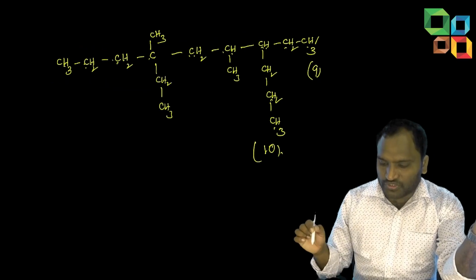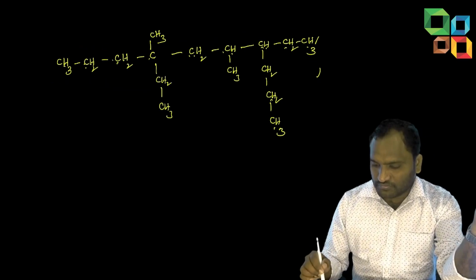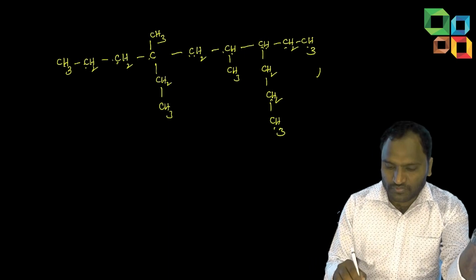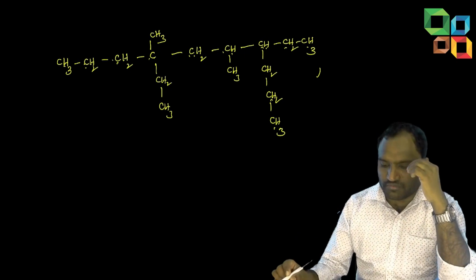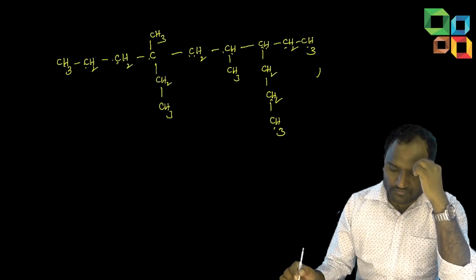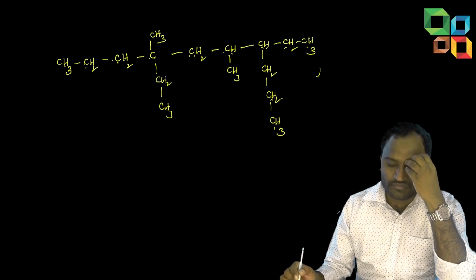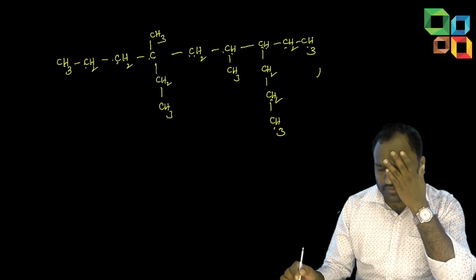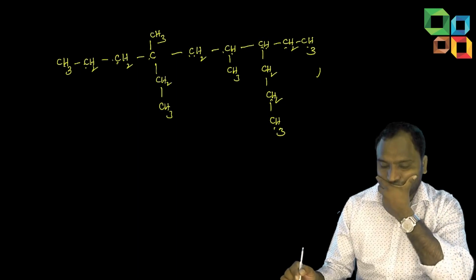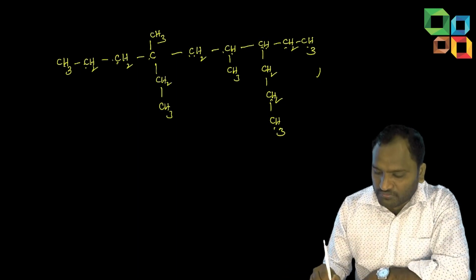So numbering you have to give. Tell me students, from which side I have to give number? Lowest sum rule. Left to right or right to left. If I give, I have to give numbering from this side.